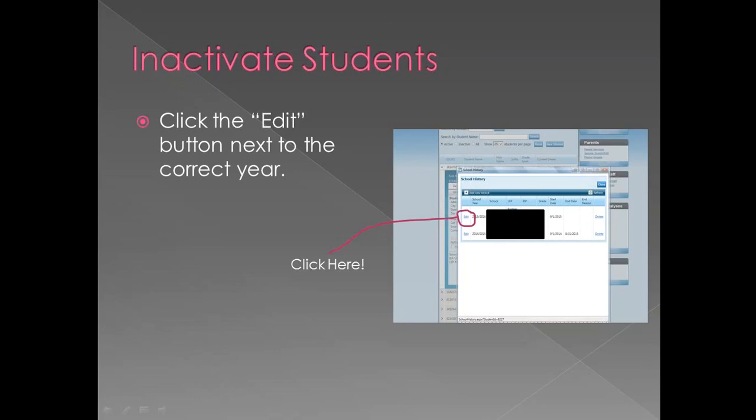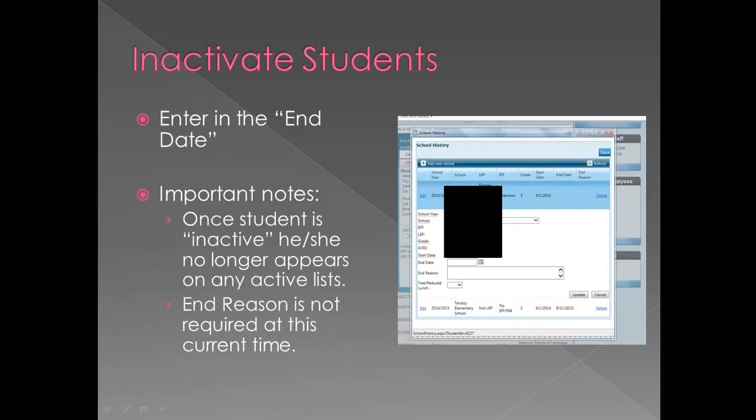So you're going to click on that edit, and then it'll pop up another thing that will allow you to inactivate the student. So enter in the end date. You can see right under that black box, you'll click the end date, and you'll do inactive.